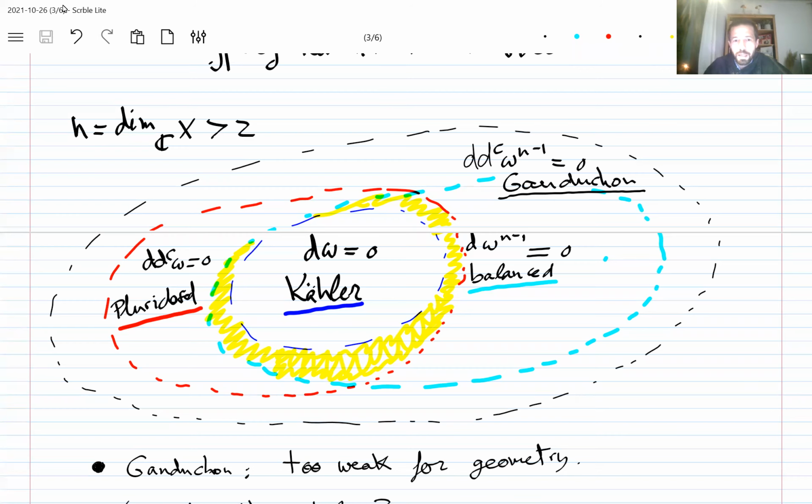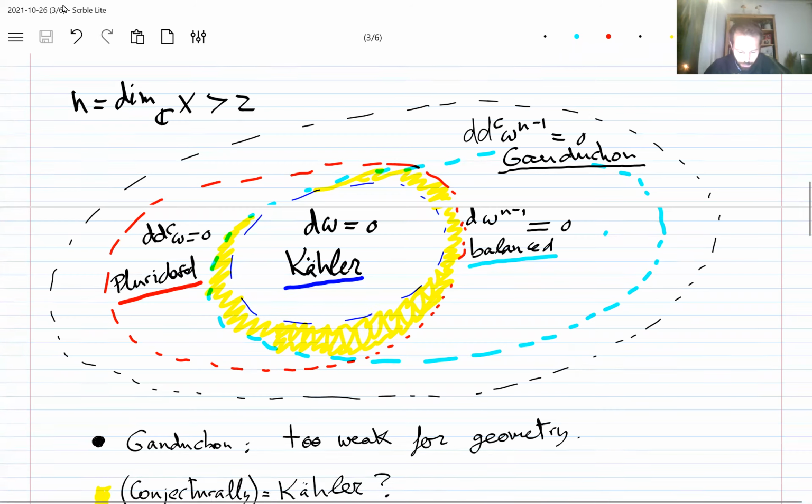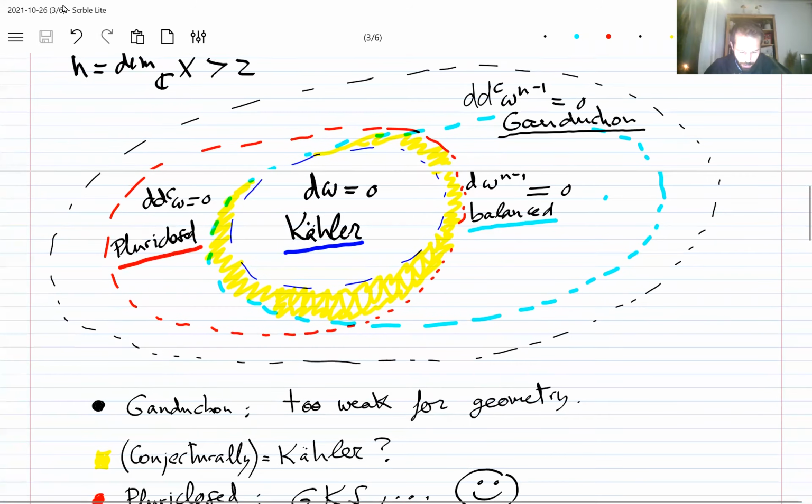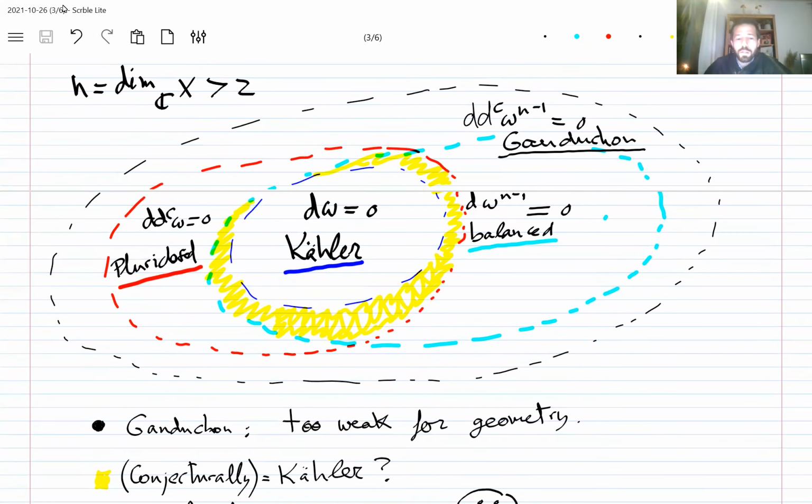And there seems to be some tension between these two setups, because conjecturally, this is a conjecture due to Anna Fino and Luigi Vezzoni, the intersection of these two types of Hermitian metrics is just Kähler. So if you have a compact complex manifold which admits both balanced and pluriclosed metrics, then it should be Kähler. But we don't know this yet.